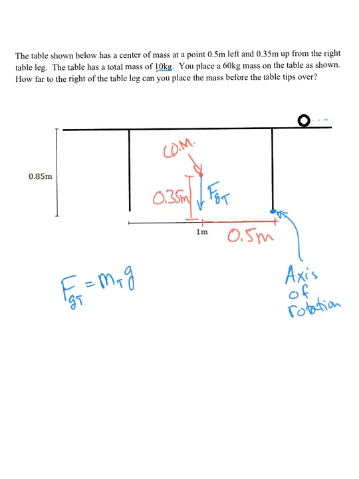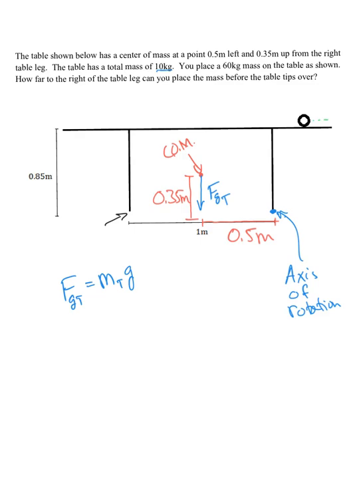We also have the other leg of the table here. So if there's no mass on the table, both legs of the table are supporting the table's weight, and this left table leg would be supplying a force upwards.